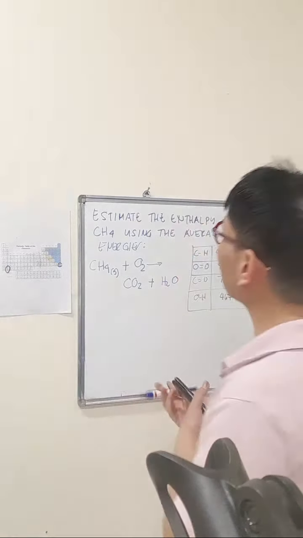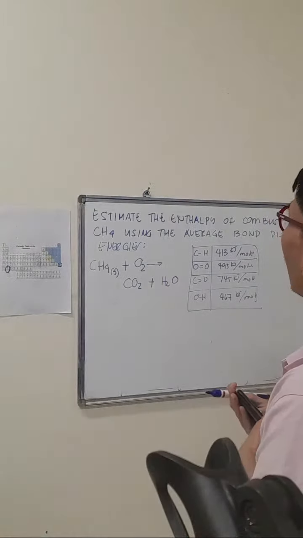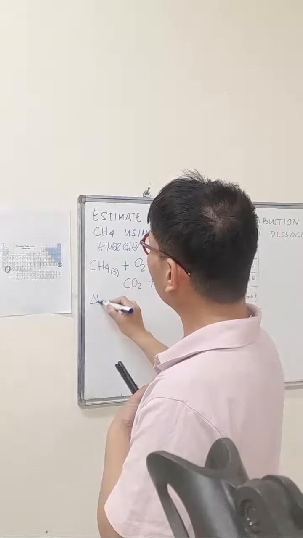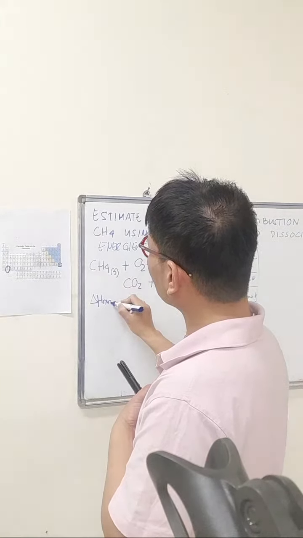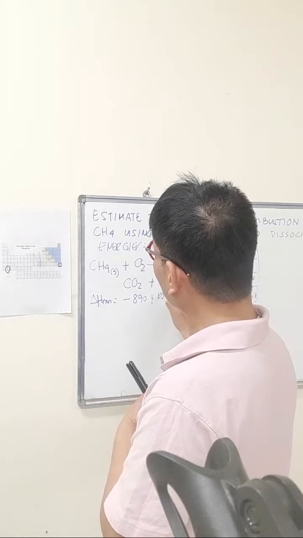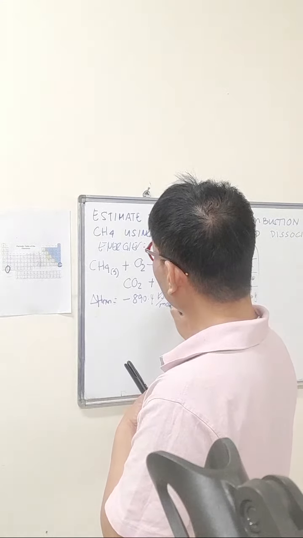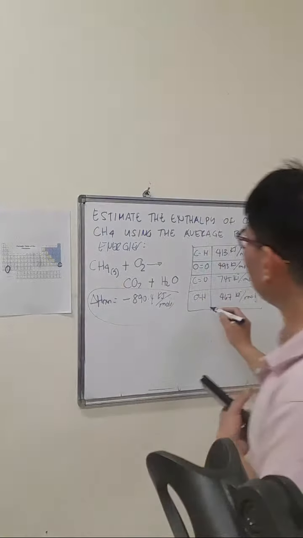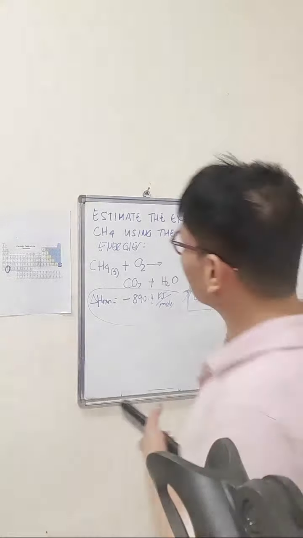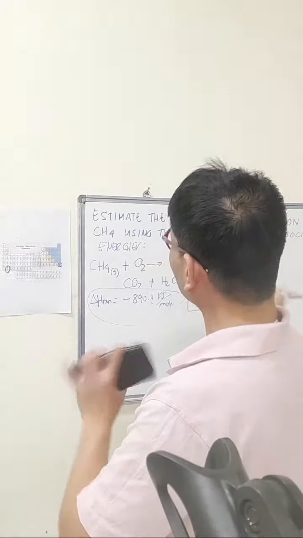So balance the chemical reaction. As I can remember, the enthalpy change of this reaction, delta H, is negative 890.4 kilojoules per mole, because I memorized this for methane. It's not the same as here in the table, so that is another topic really.